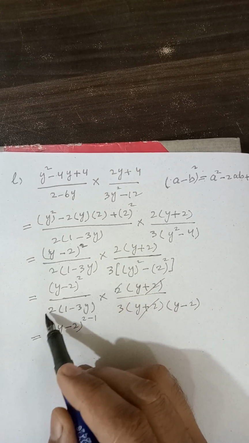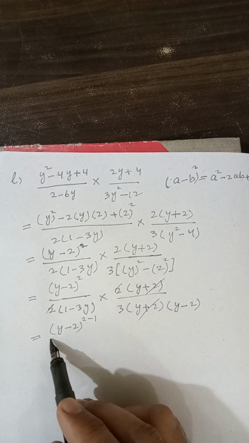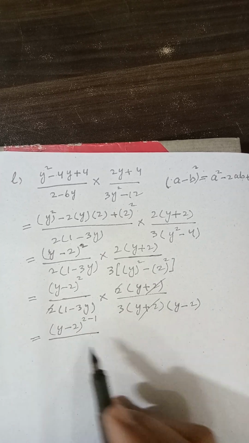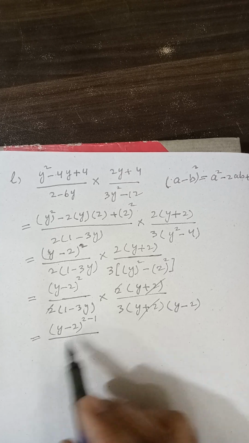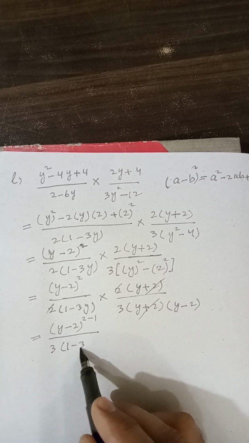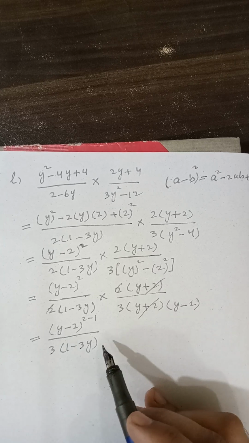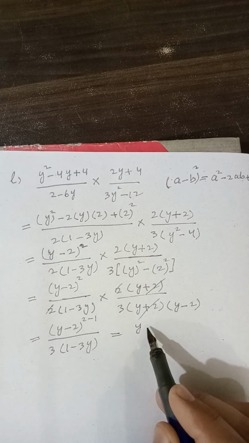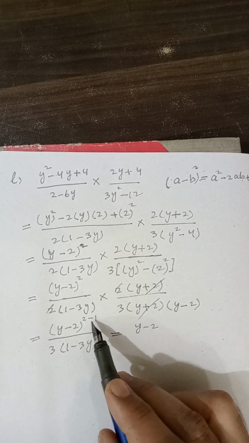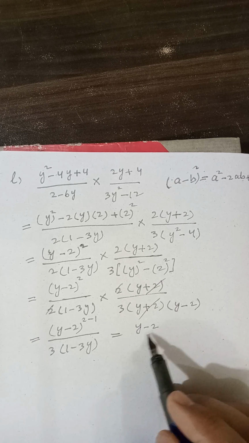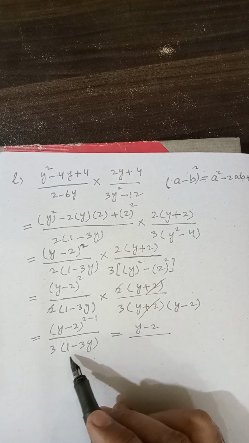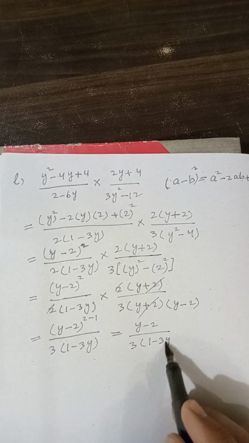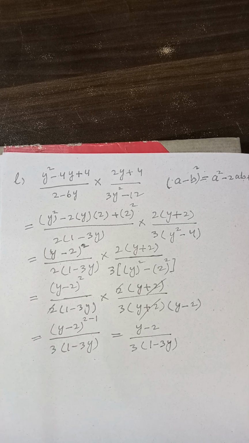Cancel this 2 with this one, over 1 minus 3y. Now for the simplification, y minus 2 has only degree 1, so there is no need to write degree 1 or bracket here, and in the denominator 3 into 1 minus 3y, it is the denominator.